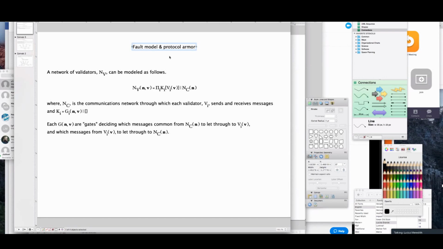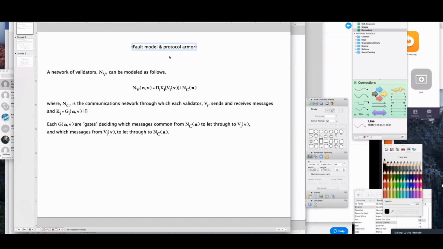So that's what I did here, since it was a lot easier than doing the arrow overhead. So basically, we just got N, which is some indexed collection of channels, and V, which is some indexed collection of channels that are the parameters of N sub V. And that is defined in terms of a big parallel composition of some validators which have been stuffed into contexts, and that is in parallel with an N sub C.